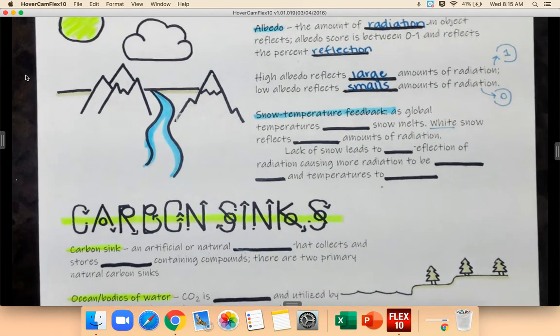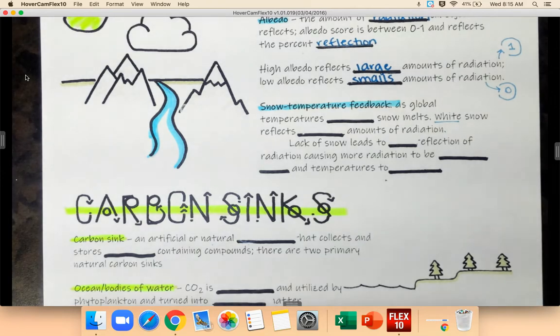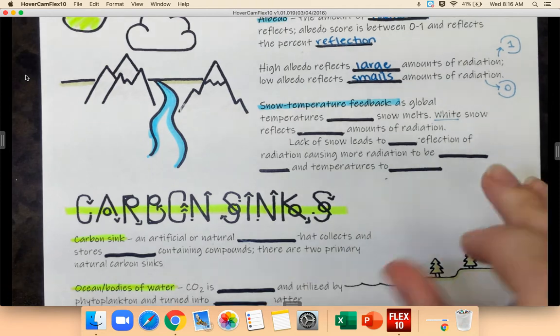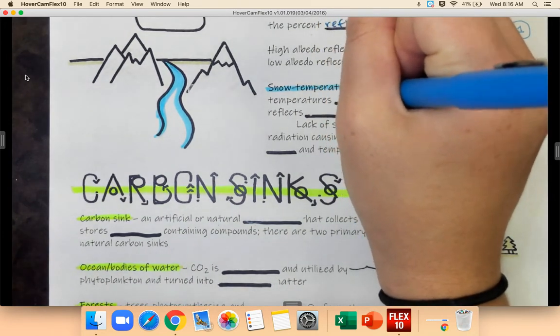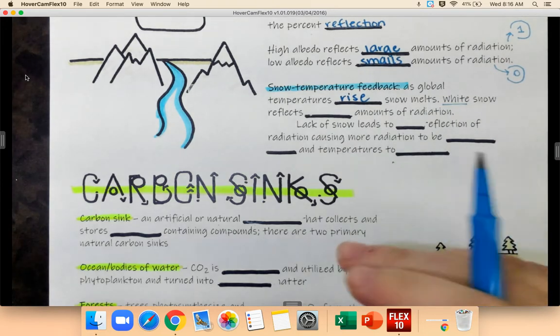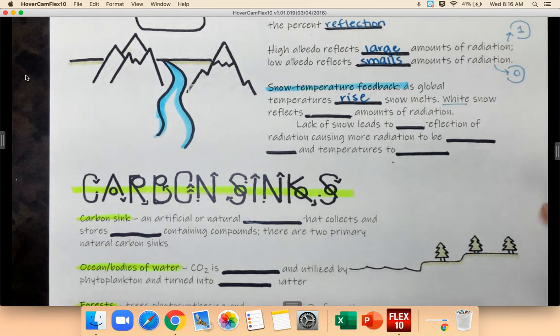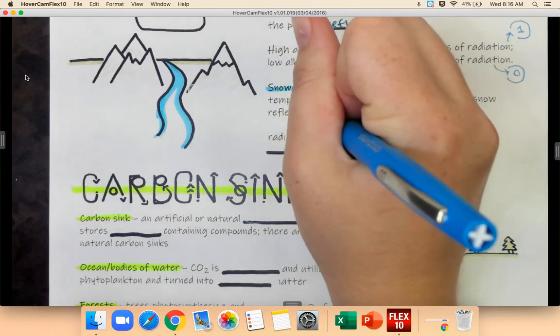Then we have this thing called snow temperature feedback. That means as global temperatures rise, snow melts. White snow reflects large amounts of radiation.